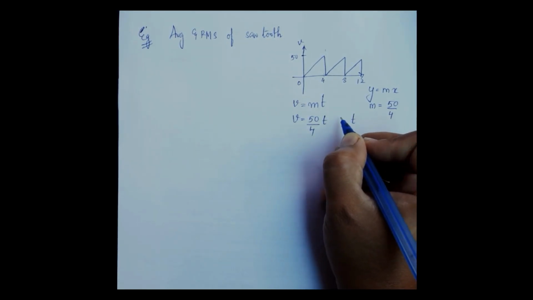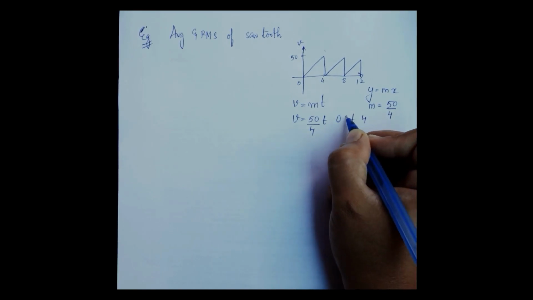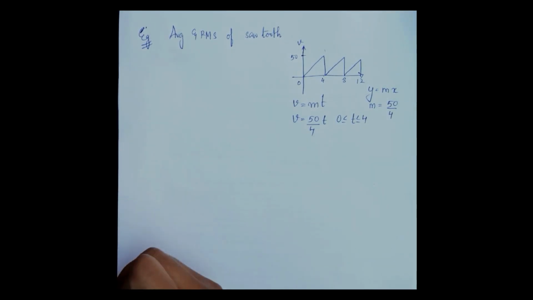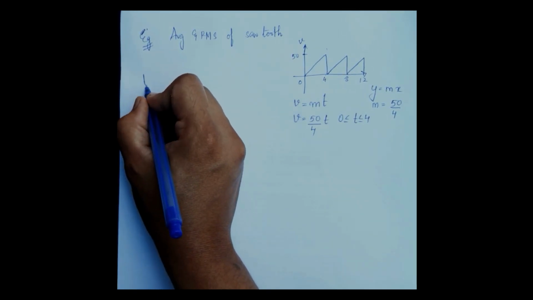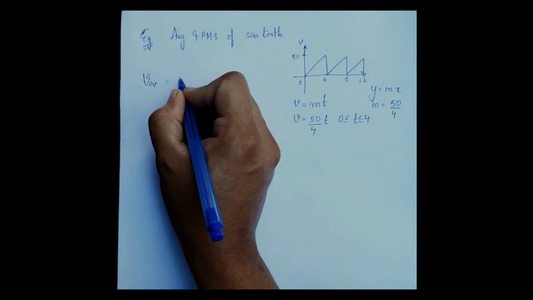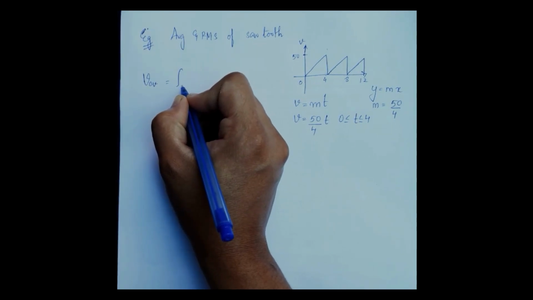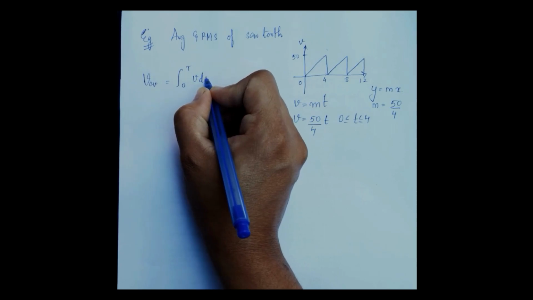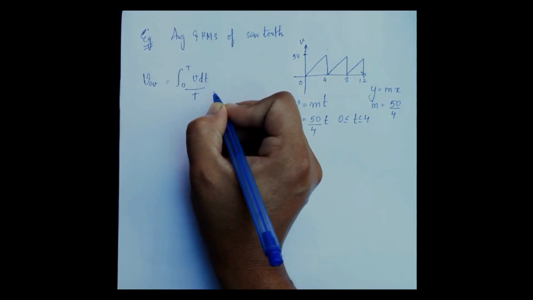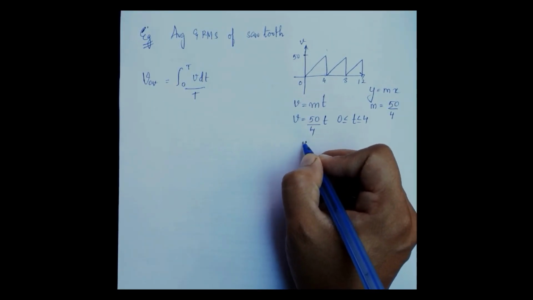This is for t between 0 to 4. Now let's begin by finding the average value, which is 0 to 4. Here the time period is 4.